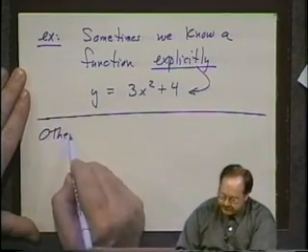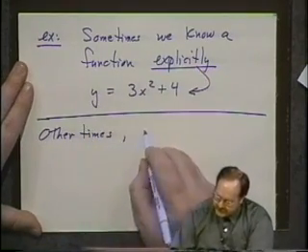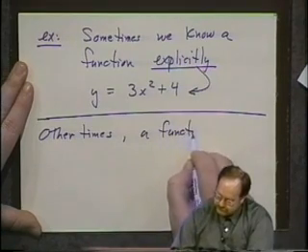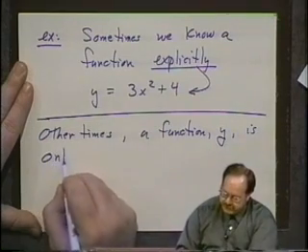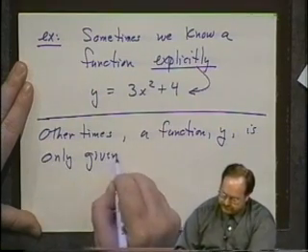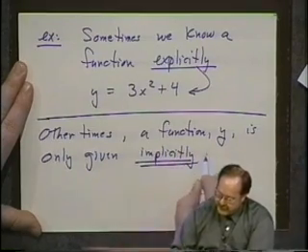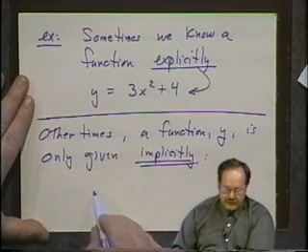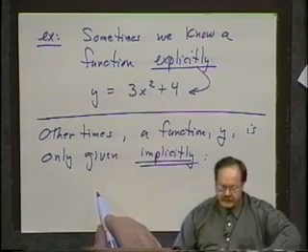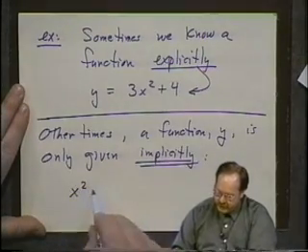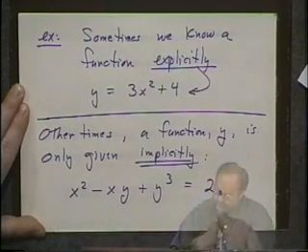Other times, and again we'll see more of this later, I'm just introducing the terminology. Other times, a function, say y, is only given implicitly. Now, as you go on in mathematics, you'll see more and more of these. Implicitly. For example, maybe given, I have an example here, something like this. x squared minus xy plus y cubed equals 2.